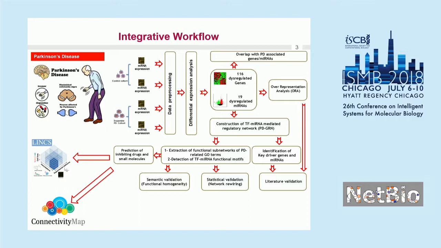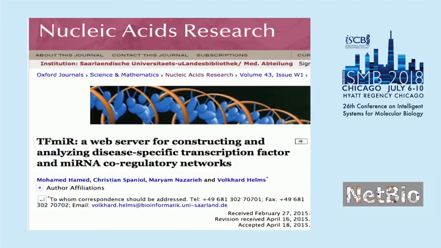Besides that, after identifying these functional modules, I try to connect them to the LINCS and CMAP drug databases to identify some inhibiting molecules which can be used in order to normalize the expression changes induced by the disease itself.